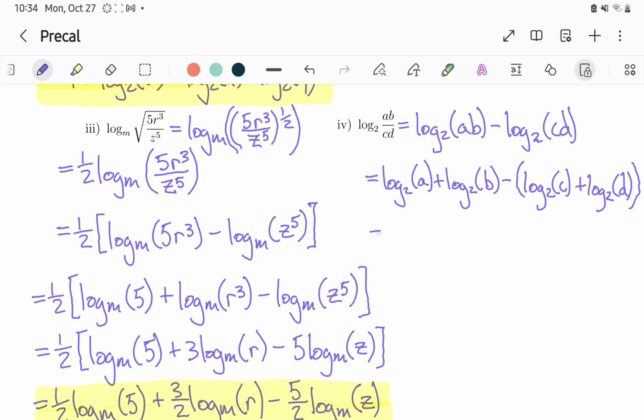Okay, and then from here we just distribute the minus, so we have log base 2 of a plus log base 2 of b minus log base 2 of c minus log base 2 of d.